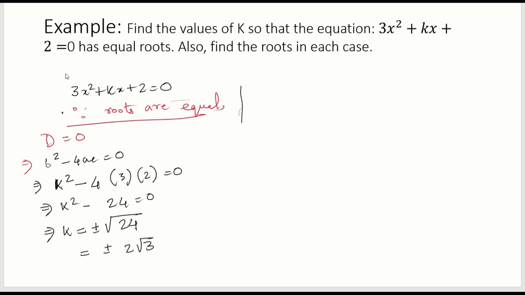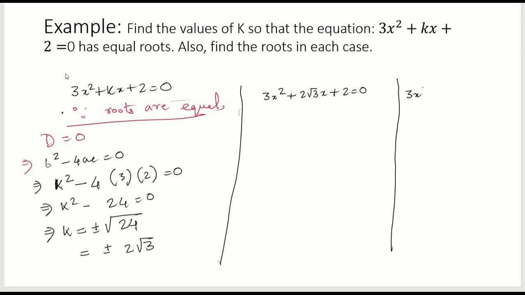Now they have said also find the roots in each case. So I'm just showing you what you need to do here. One equation you will get as 3x squared plus 2 root over 6x plus 2 equals 0. Another equation you will similarly write as 3x squared minus 2 root over 6x plus 2 equals 0.